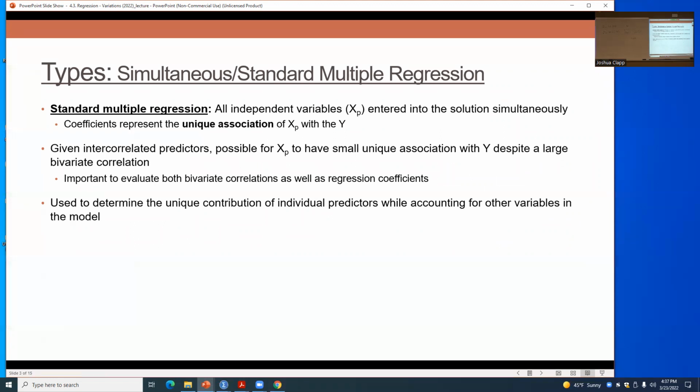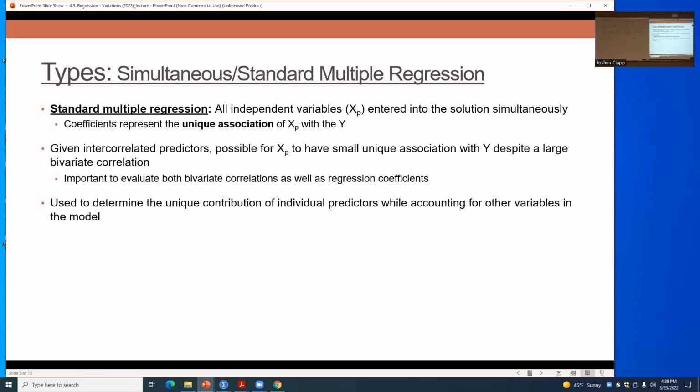First approach that we're going to talk about here is our standard multiple regression. This is our tried and true approach. This is my go-to because other versions aren't magical and don't do what people generally think that they're doing. With our standard multiple regression, all of our independent variables, all our predictors, are entered simultaneously into our model, okay?